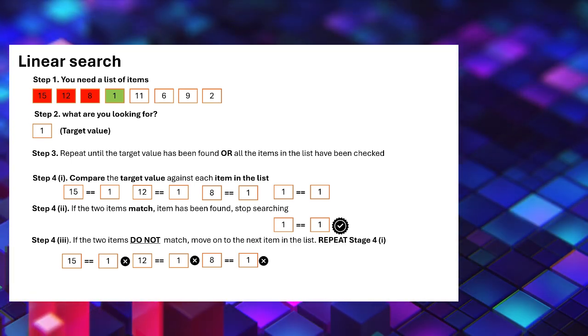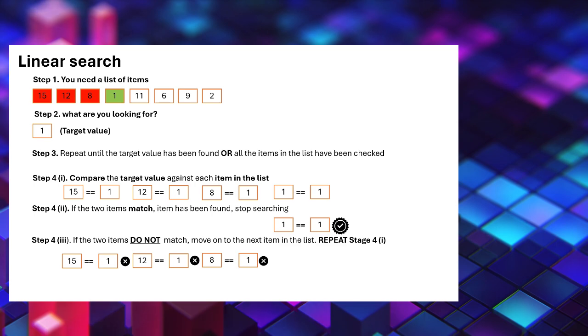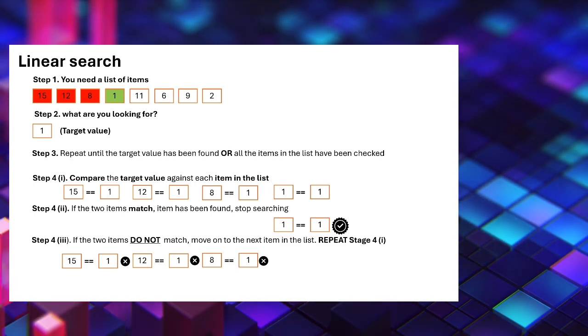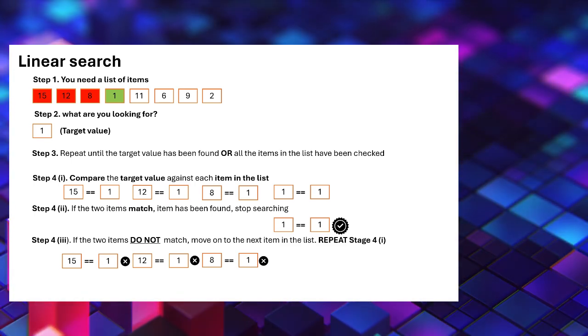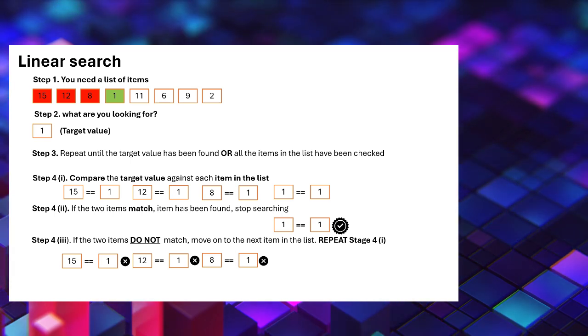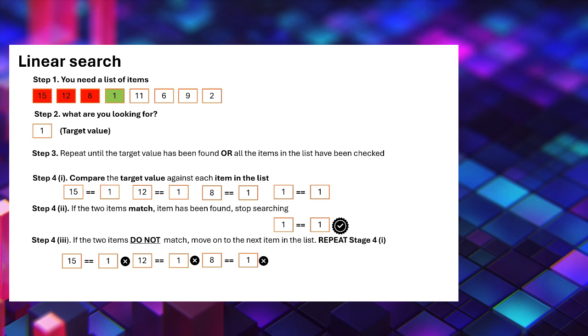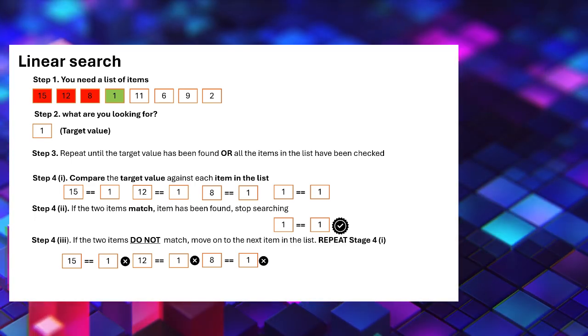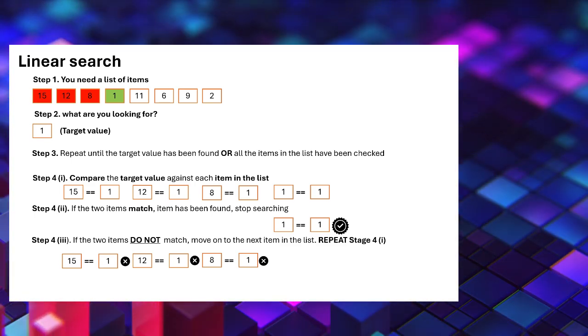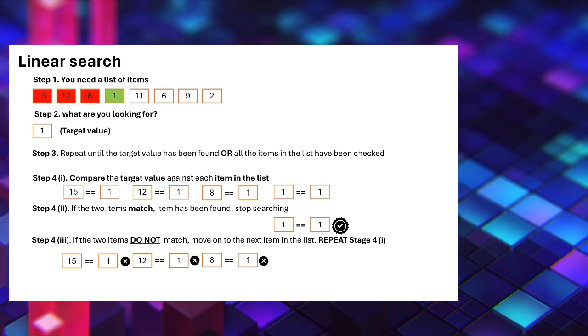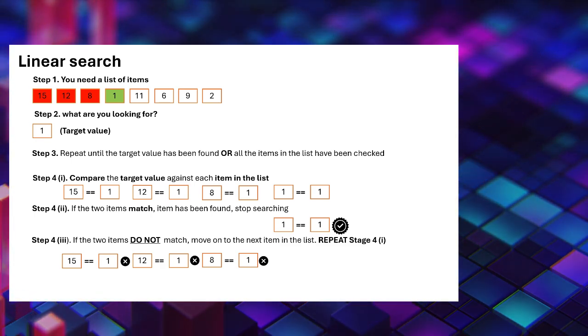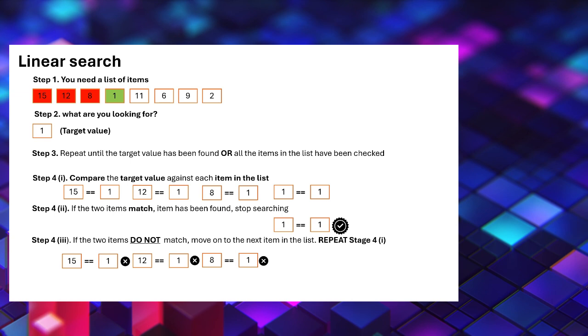So just to recap, you will need to have a list, and target data, whether it's fixed or you allow the user to type the number in or the letter in or the word in. And you need to repeat, so you'll need to use iteration to go through each item in that list.